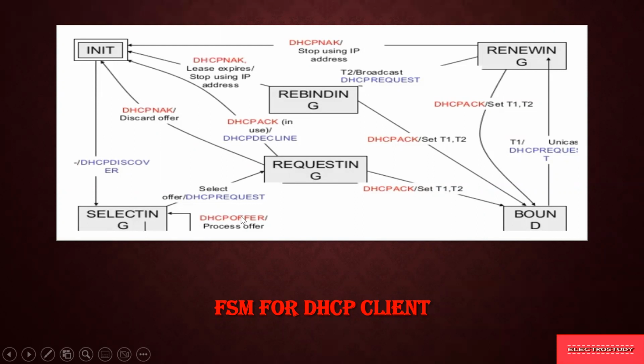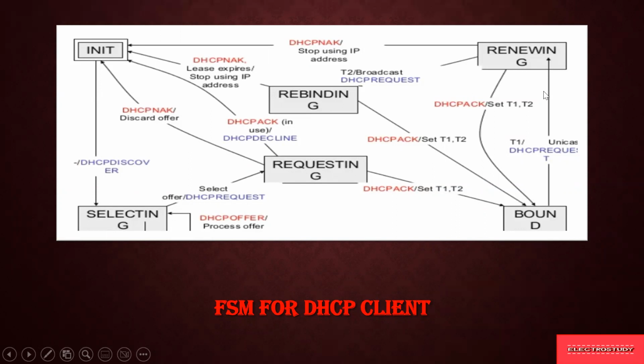There DHCP offers different offers to the network, and from that one offer is selected and requested through DHCP request, and after the request it goes to the bound state. In the bound state, the positive acknowledgement or negative acknowledgement will be given. After this bound state, it will go either to renewing or to rebinding.